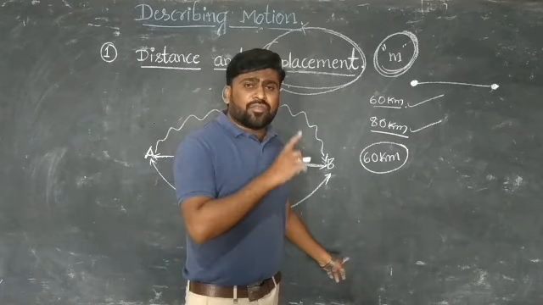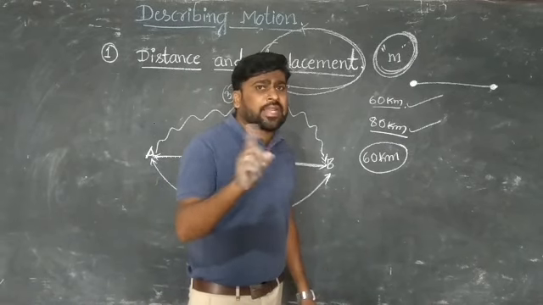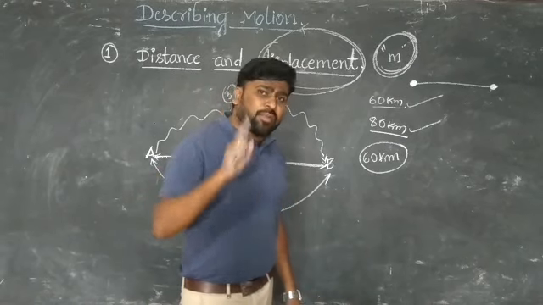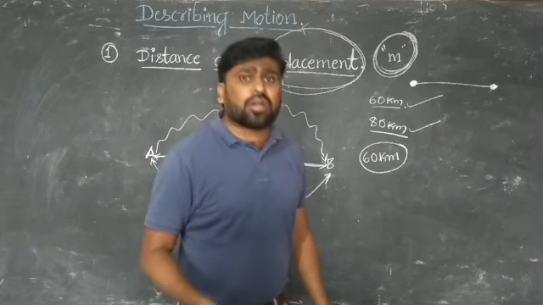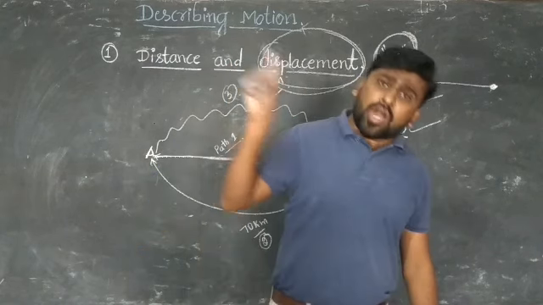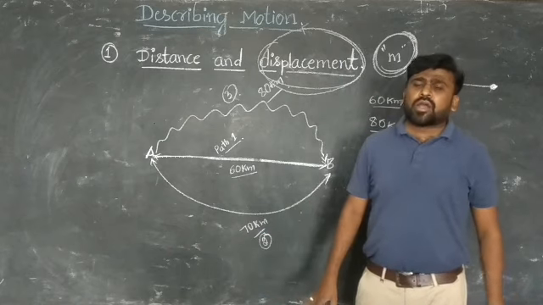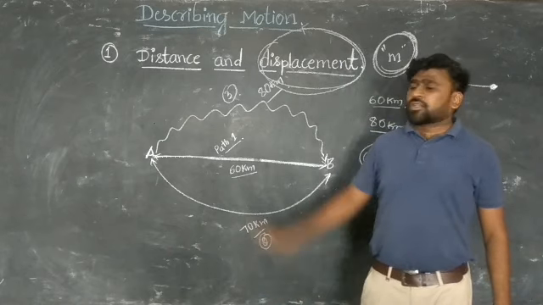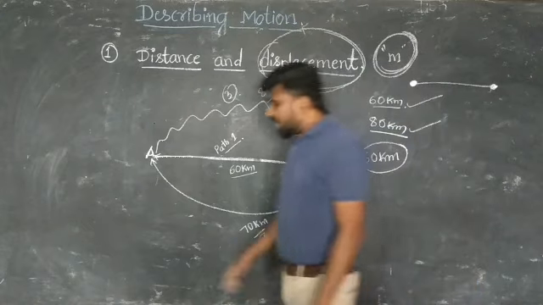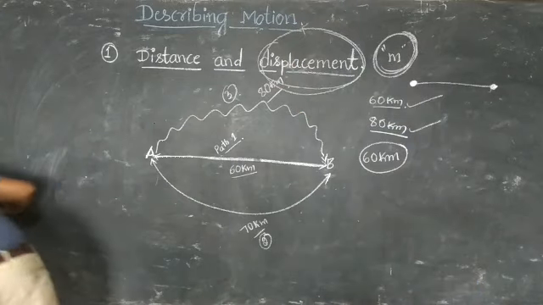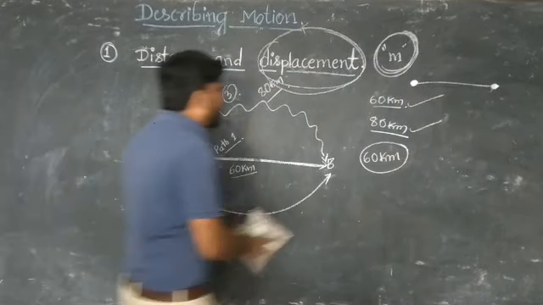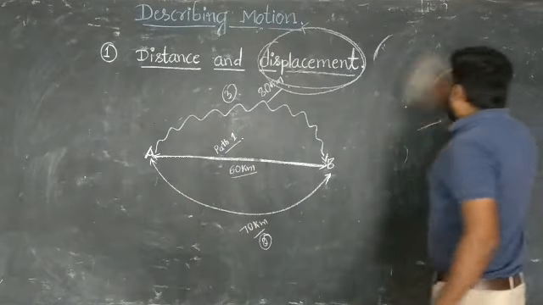Clear? In the case of distance the direction is not mentioned, but displacement gives the magnitude and also direction. Magnitude and also direction. Clear? Therefore, displacement is a vector quantity. Distance is a scalar quantity.